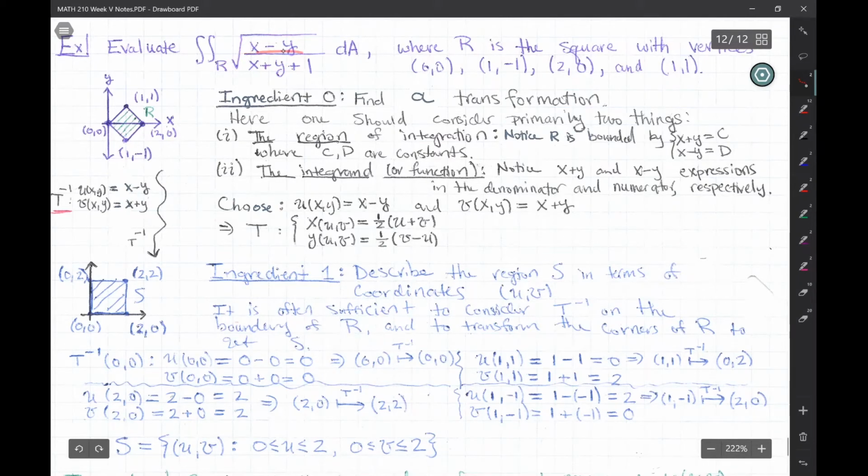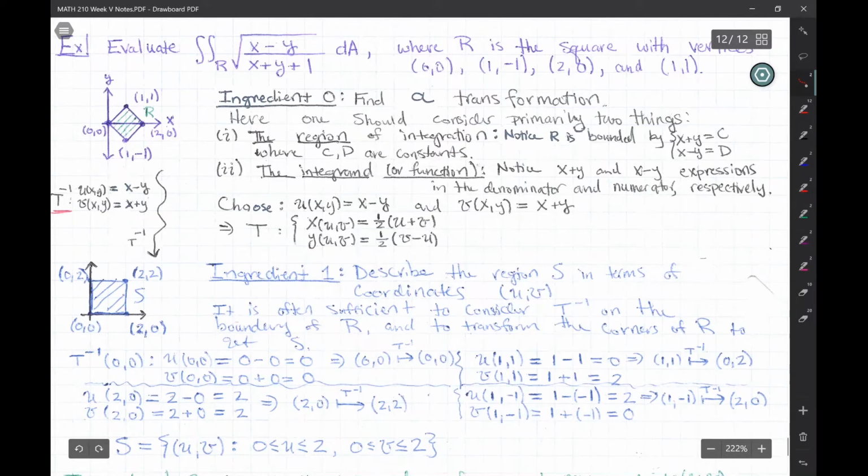Right now we can't. The numerator has both x and y, and the denominator has both x and y. But if we could define some new coordinates, then we can perhaps separate them out and make the integration much easier.